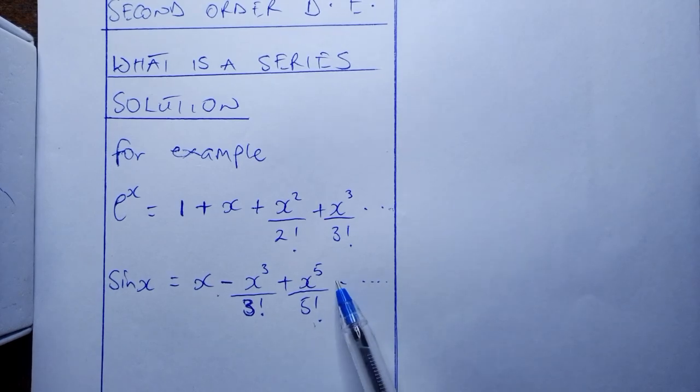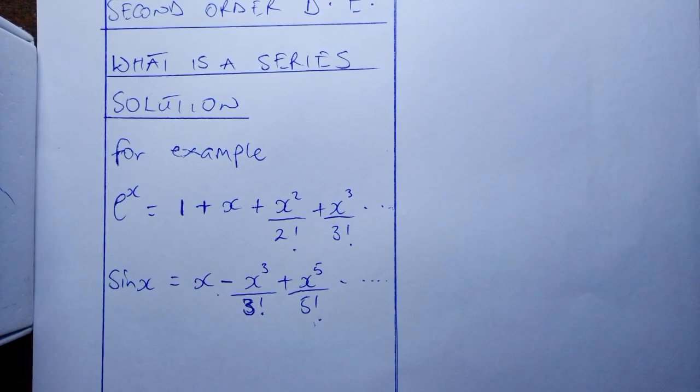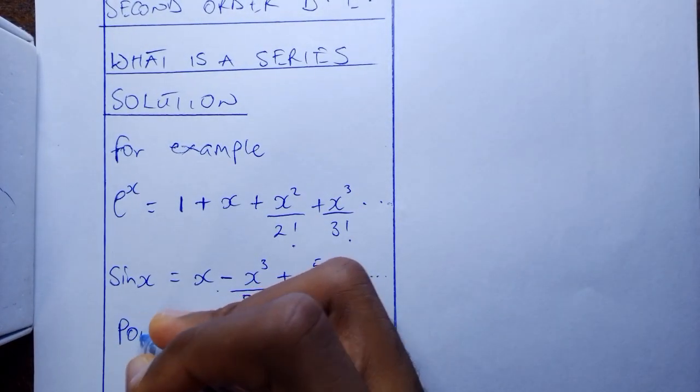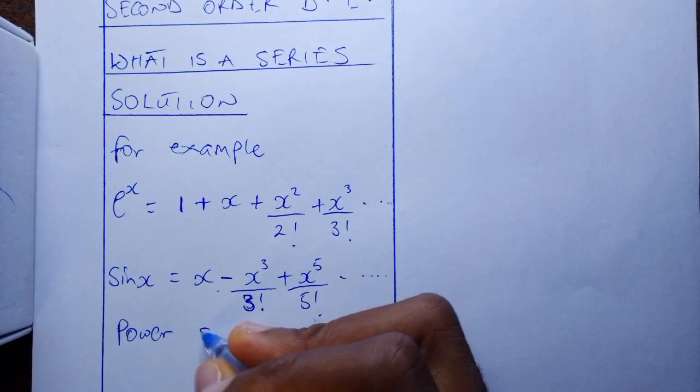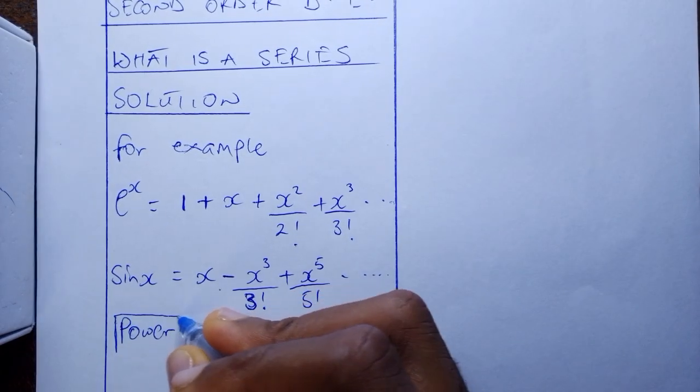So obviously the next one will be minus x to the 7 over 7 factorial plus x to the 9 over 9 factorial. That is the series for sine x. These two I gave you are examples of power series.